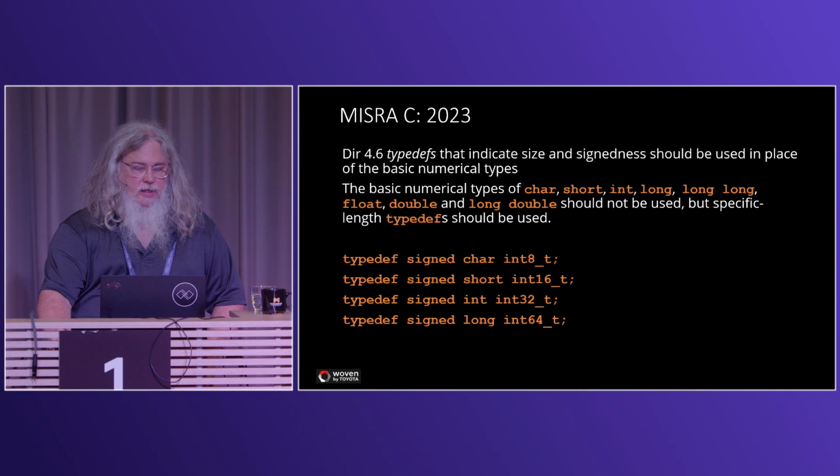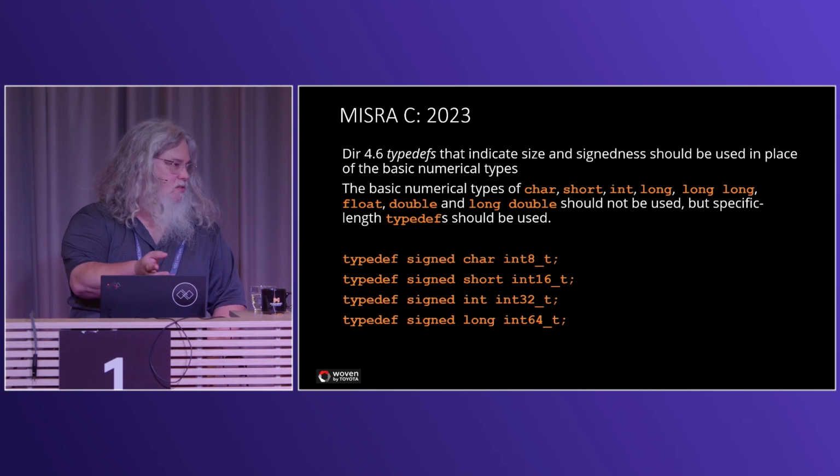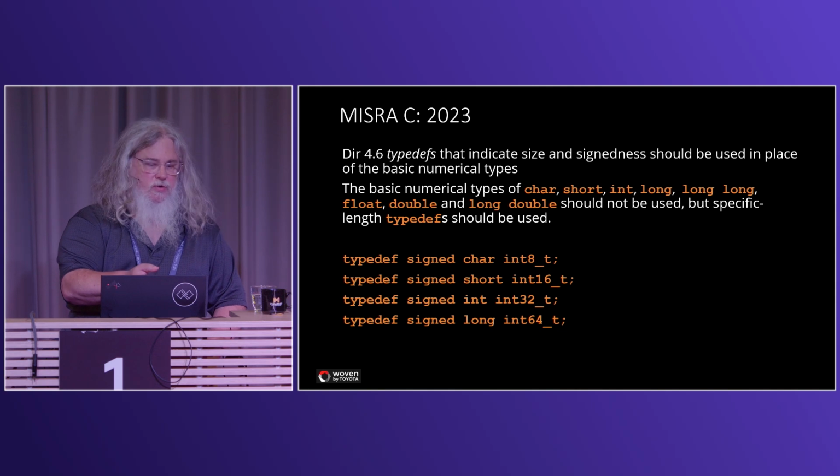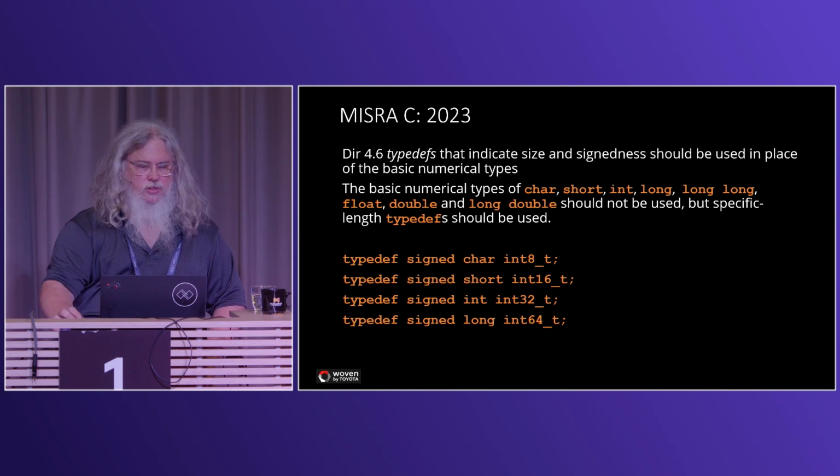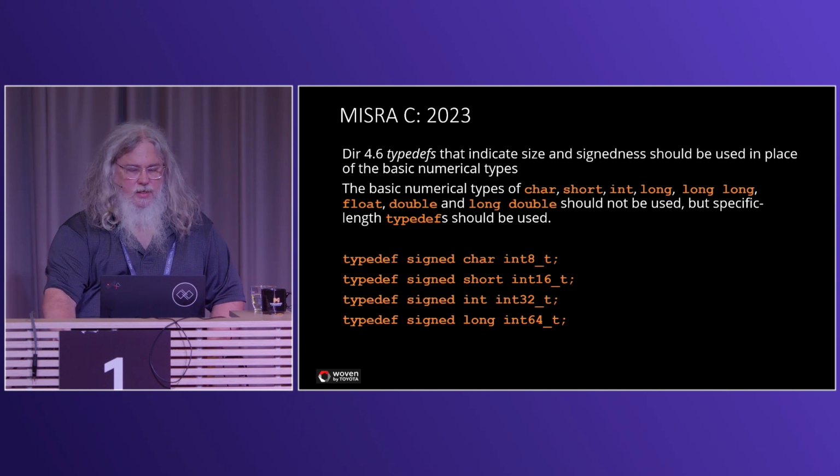So MISRA C, and I've listed 2023 here because this is how it looks in 2023, but this has been there since, when did MISRA begin? 2004, 2012. It's been there through all the versions. There's a directive that says typedefs that indicate size and signedness should be used in place of basic numerical types.